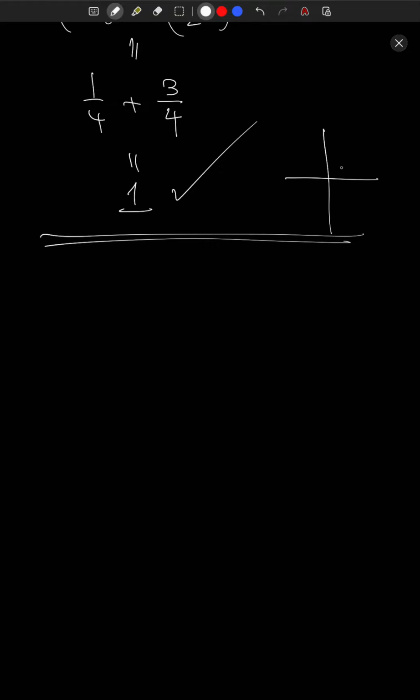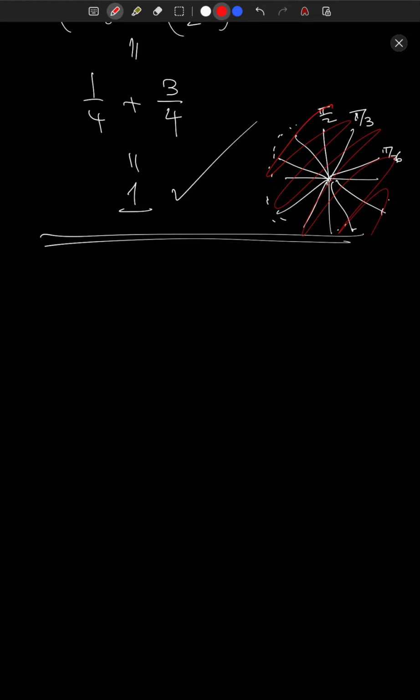I know a lot of people have memorized this unit circle thing where you memorize all these angles, pi over 6, let's say, pi over 3, pi over 2, and so on. And then you've memorized perhaps the sines and cosines of these angles. I think that's a terrible way of looking at sines and cosines. We're going to, in section 2.1, work with the graph of sines and cosines.